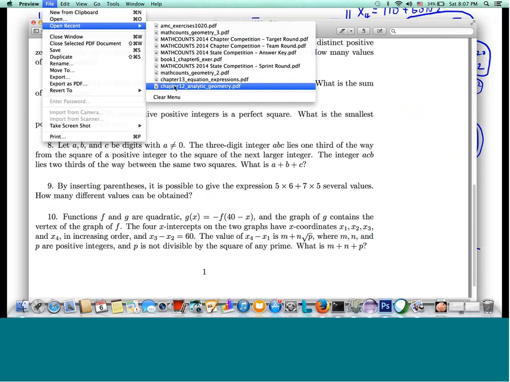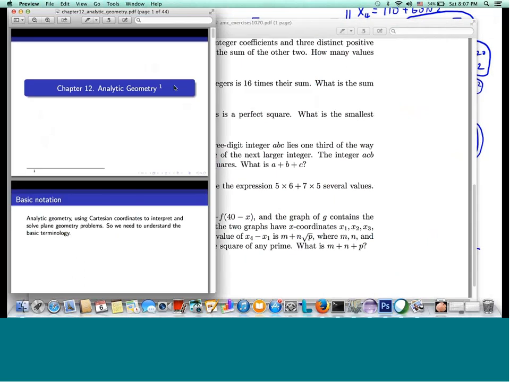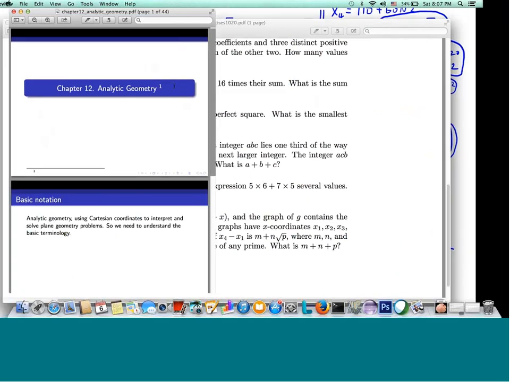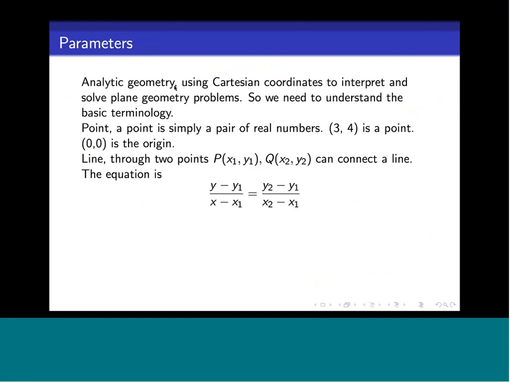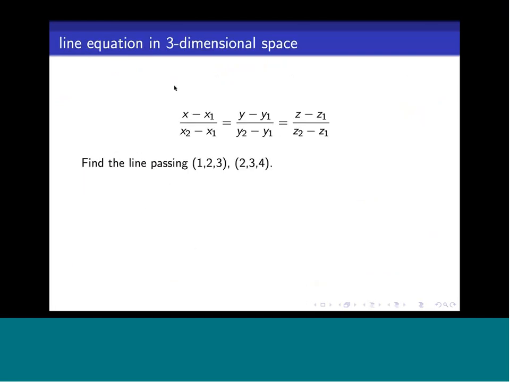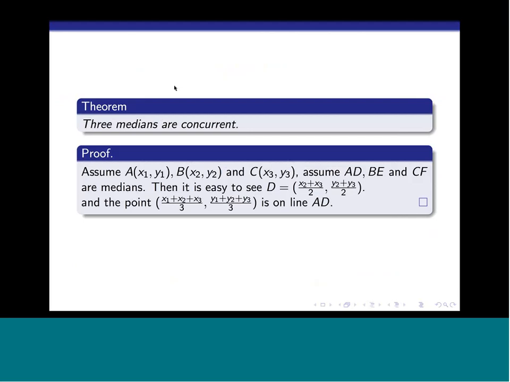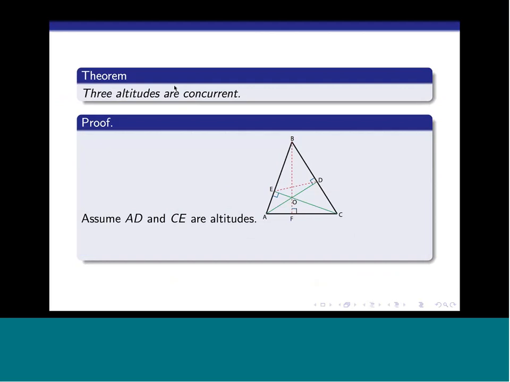So we have chapter 12. Did we finish chapter 12 last time? No. We're talking about this already, right? Three medians and concurrent, right? I think I remember. Yeah, that's it.